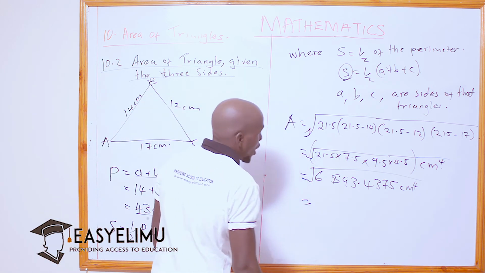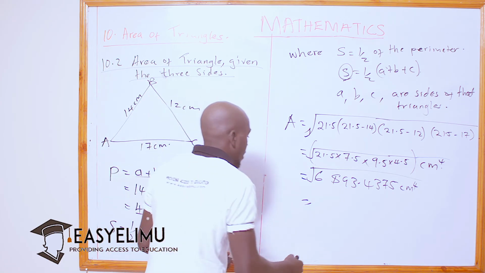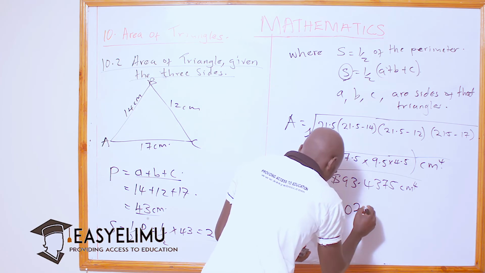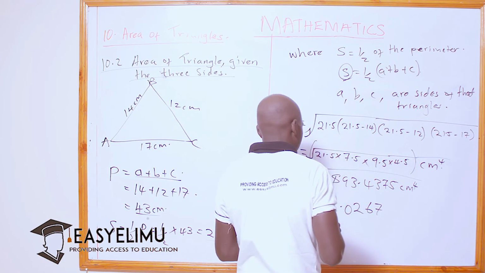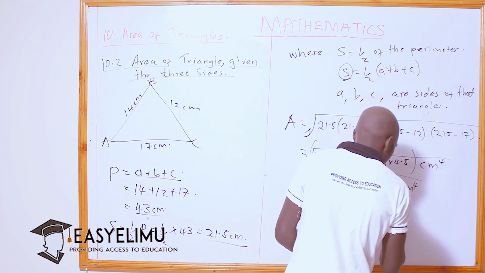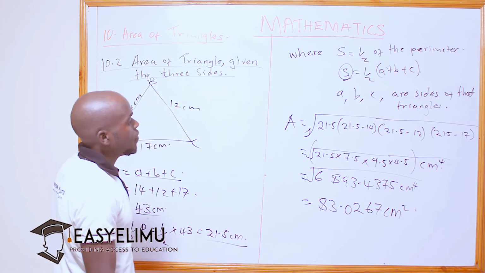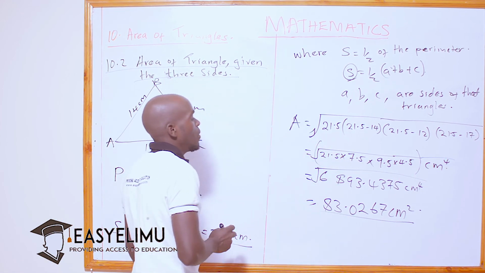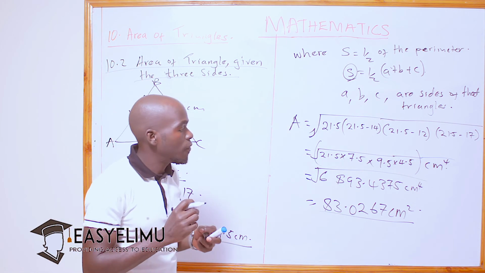On doing that, the value amounts to 83.0267 to 4 decimal places, in square centimeters. That is the value we found after evaluating using Hero's formula.